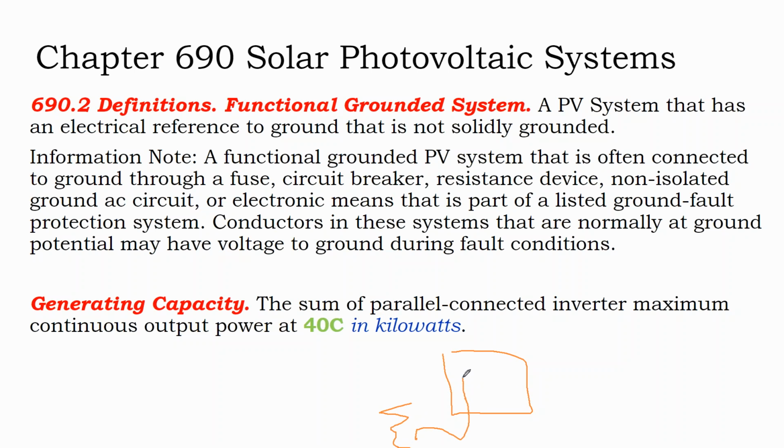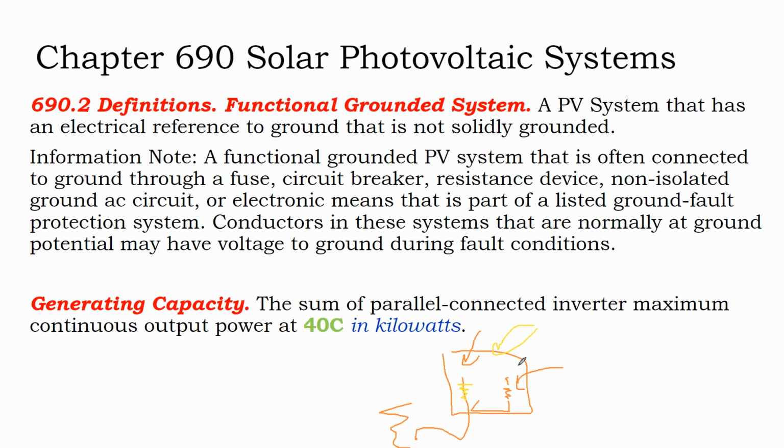And when that happens, instead of just putting one fuse and one disconnect on the positive side and assuming that the negative side is tied into ground and is at 0, so it doesn't need the fuse or the disconnect, when you don't negatively ground the system, you put in an extra disconnect and an extra fuse.